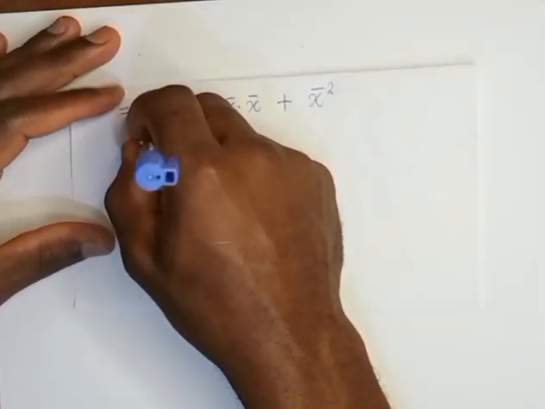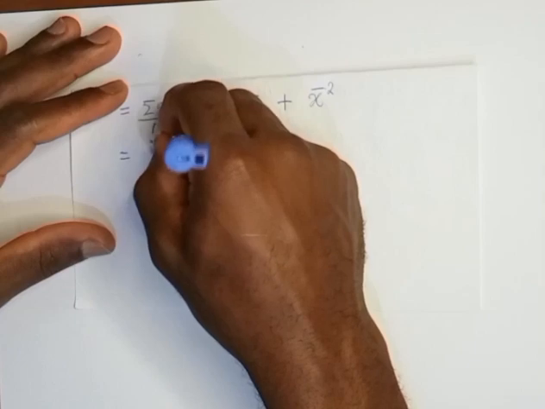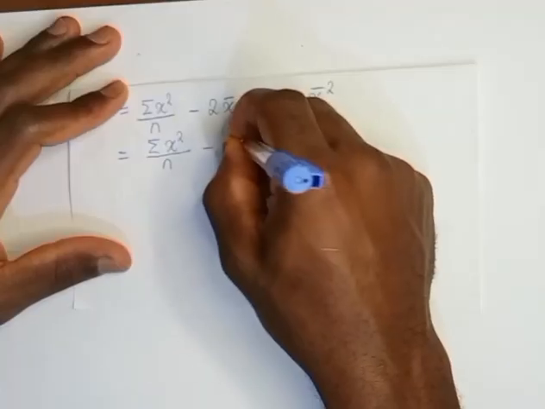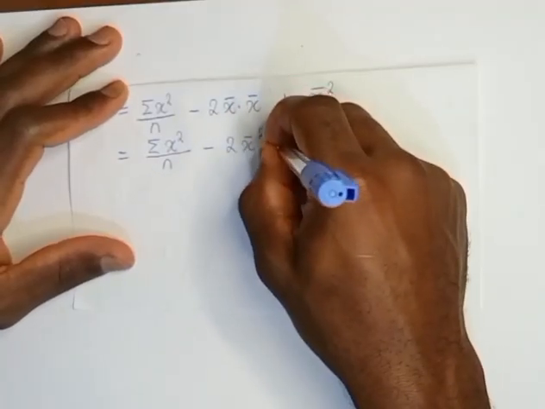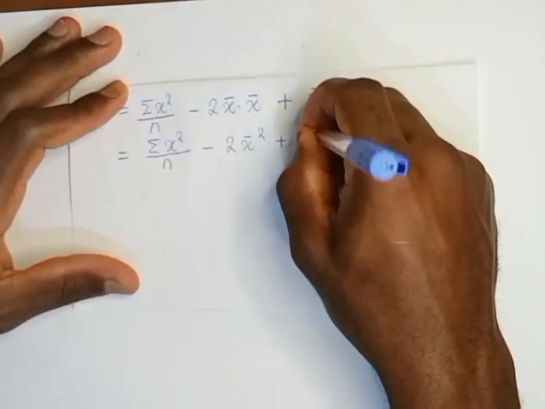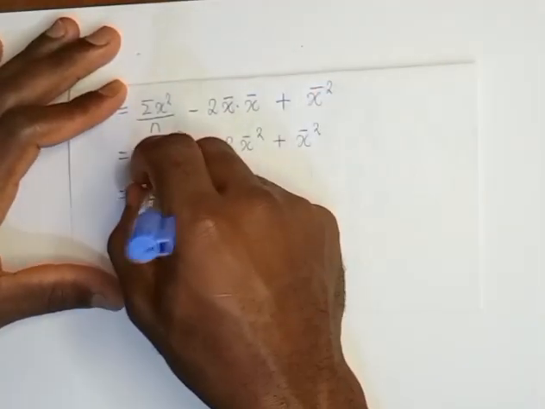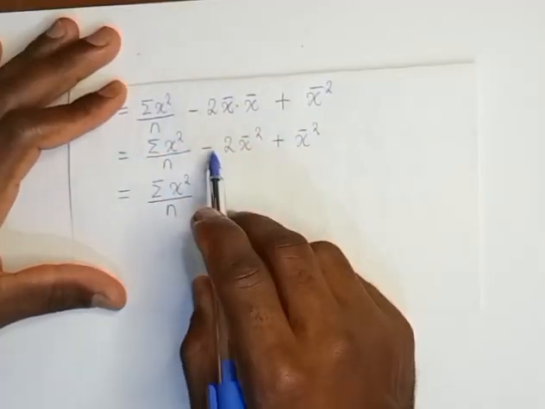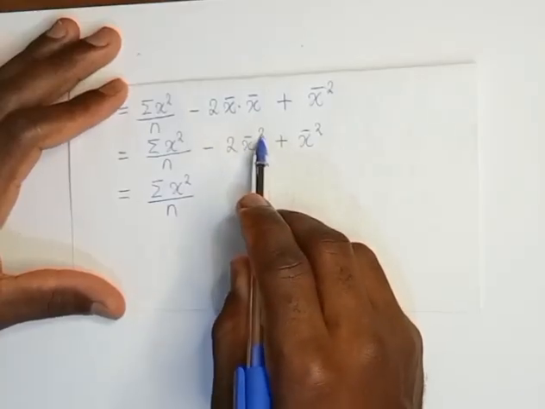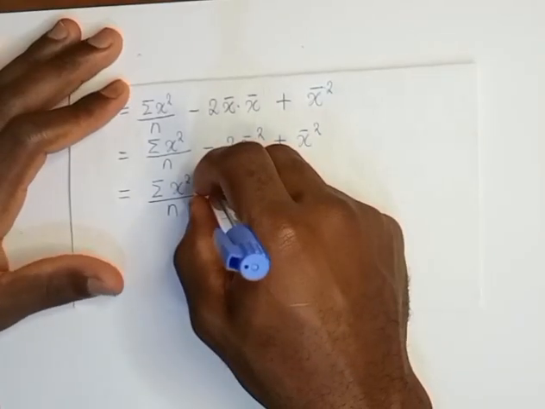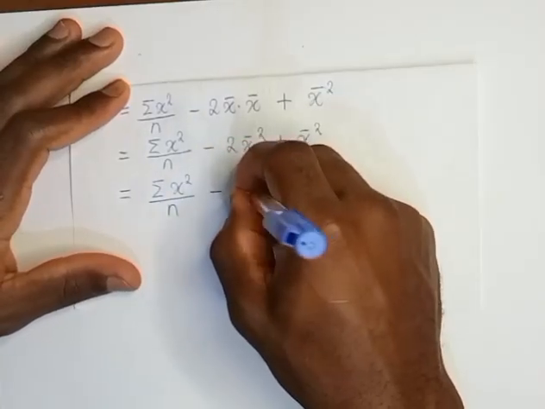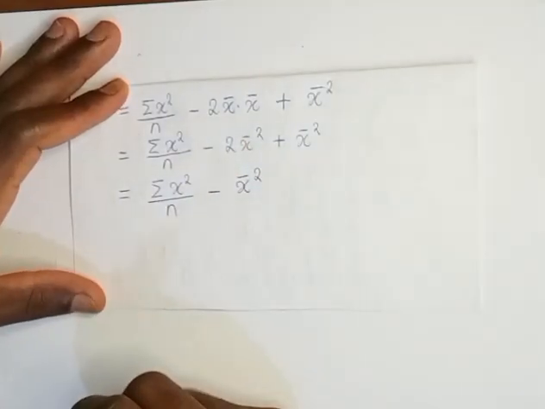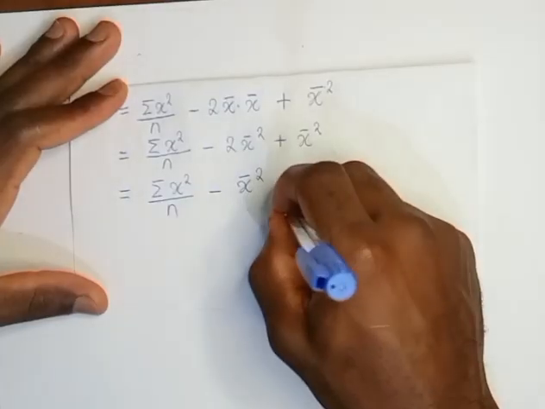So this will be equal to summation x squared divided by n minus 2x bar squared plus x bar squared. And this will give us summation x squared divided by n. Negative 2x bar squared plus x bar squared gives us minus x bar squared, which is what we are to prove.